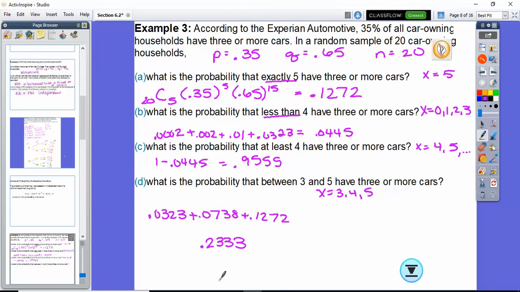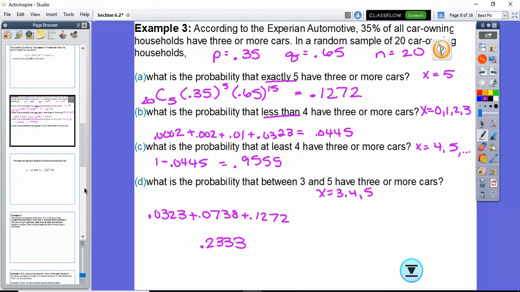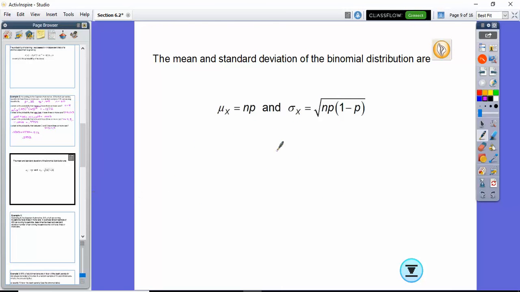Alright, I do want to talk about just a couple more things. I know there's not a lot of time left, but we're going to go ahead and get a couple more things down. We can find the mean and standard deviation of this, if you're looking on your formula sheet, they are on there. So mean is n times p. Standard deviation is the square root of n times p times 1 minus p.